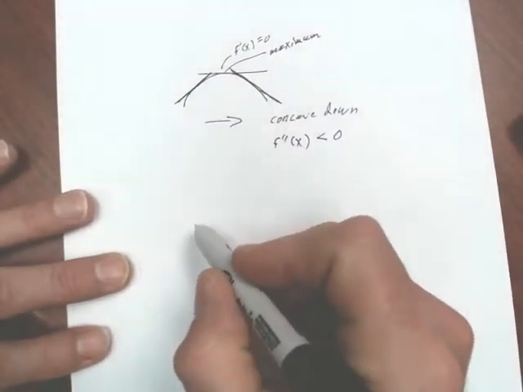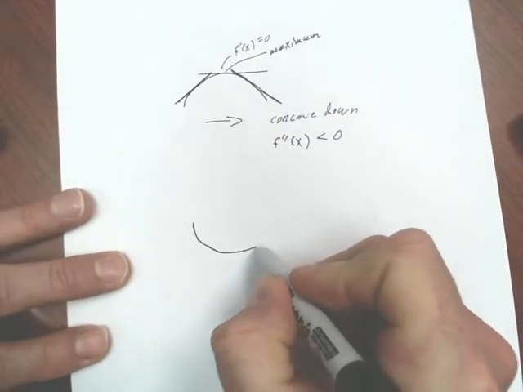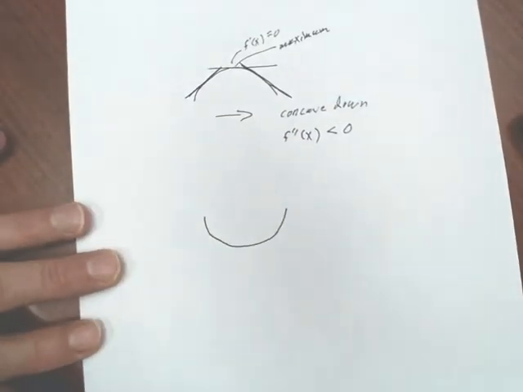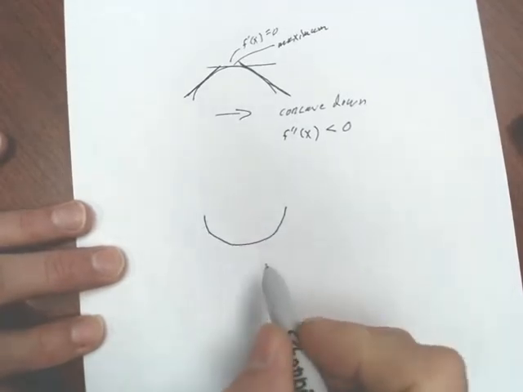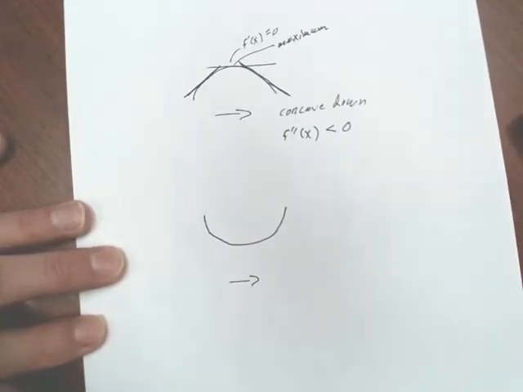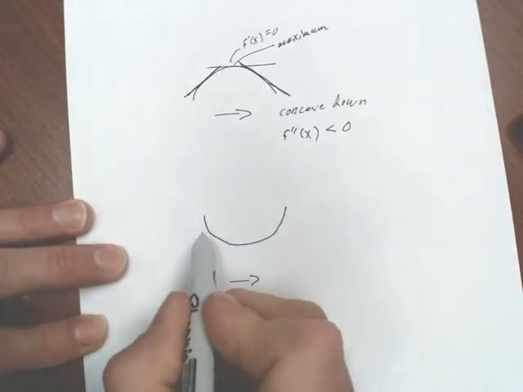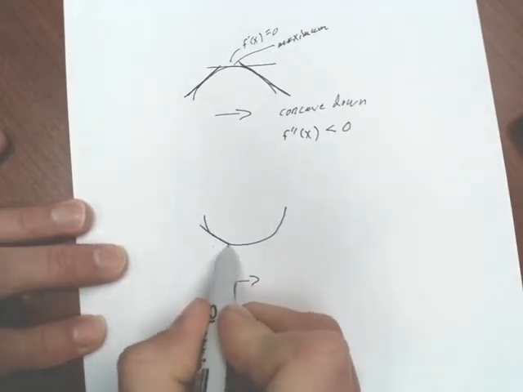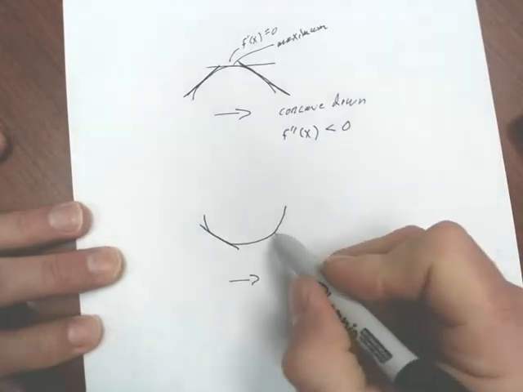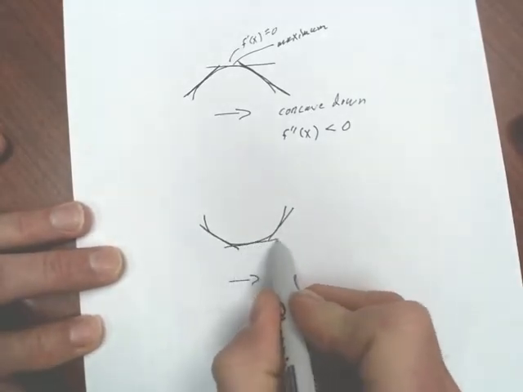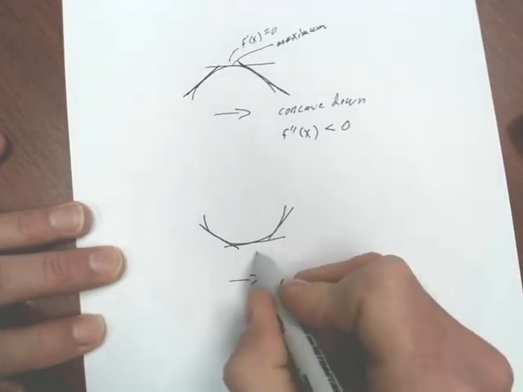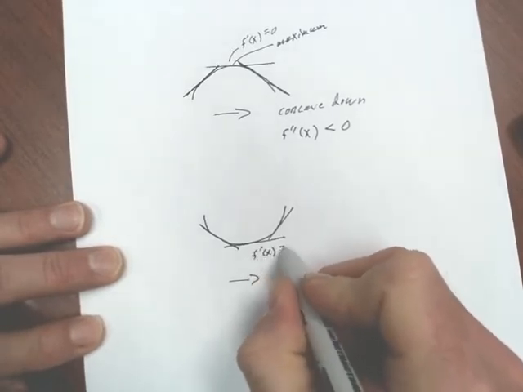If we have a quadratic function that looks like this, and we're moving to the right in our x domain, then we're going from a negative derivative to a positive derivative. And so again, somewhere in between, f prime of x must equal 0.